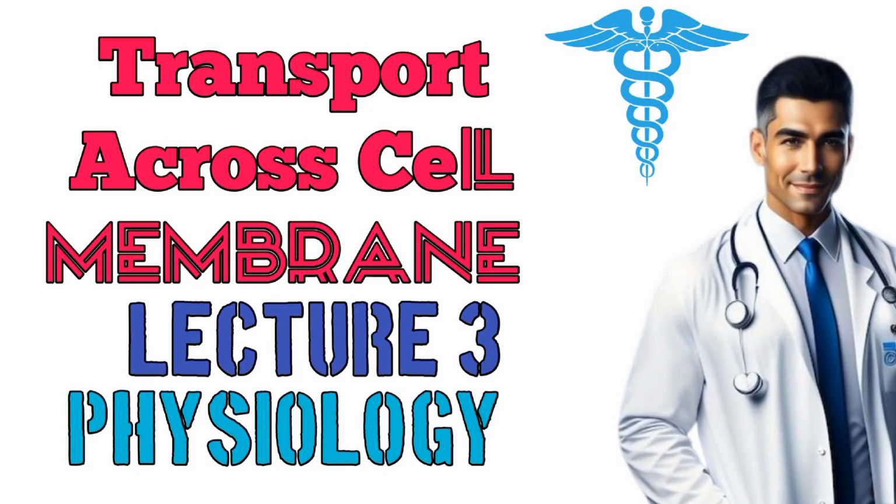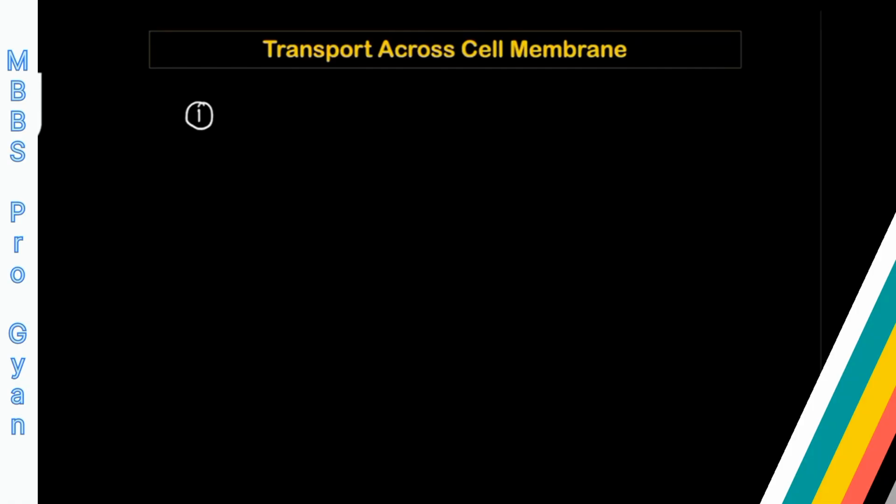Hello everybody. Now we are going to discuss transport across cell membrane. First thing is that you have to remember two concepts. One, if the molecule is a lipid soluble molecule, or a non-polar substance, then it can easily pass through the cell membrane by the process of diffusion.